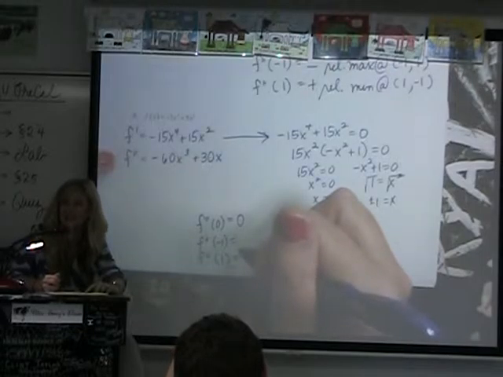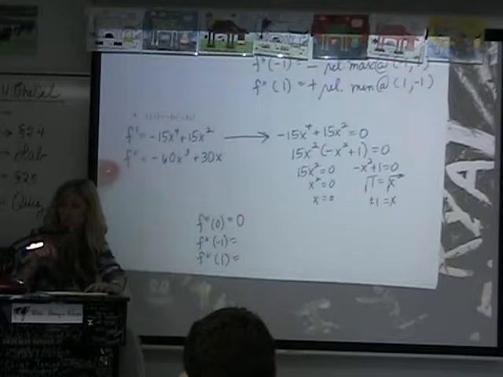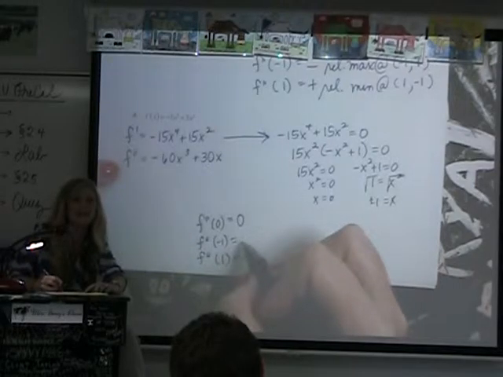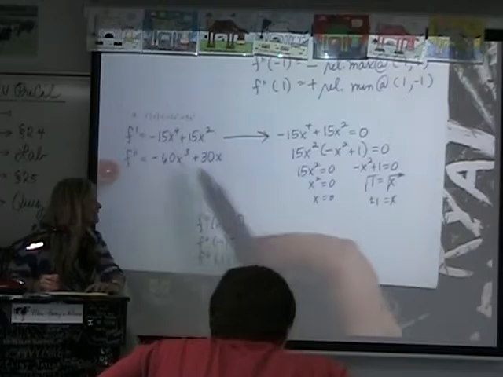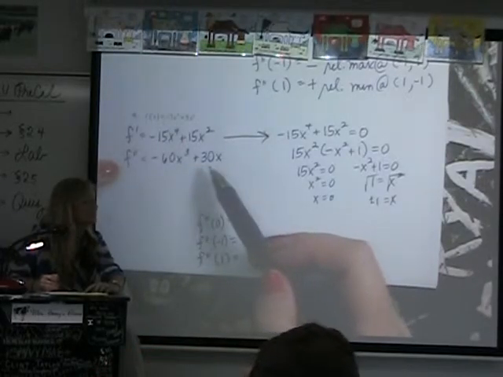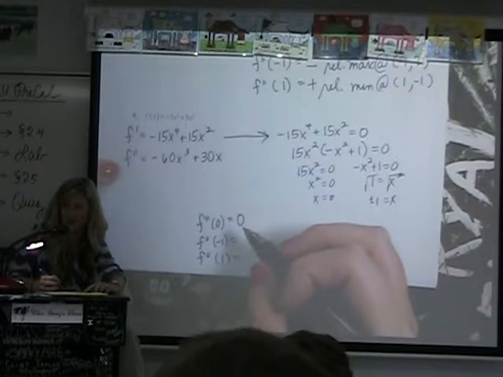Let's go ahead and check negative 1 and positive 1. It only fails for 0, by the way. Okay? We can still use it for the other numbers. Put negative 1 in there, and we get a positive 60 minus 30. So that's going to be a positive, right?